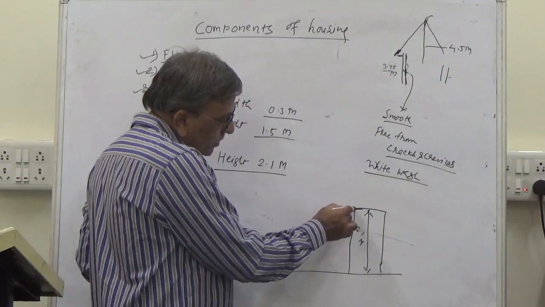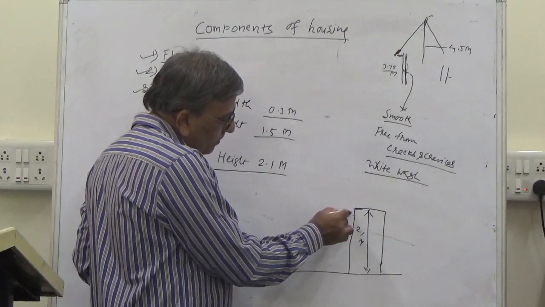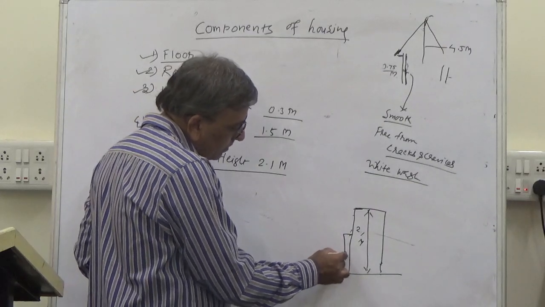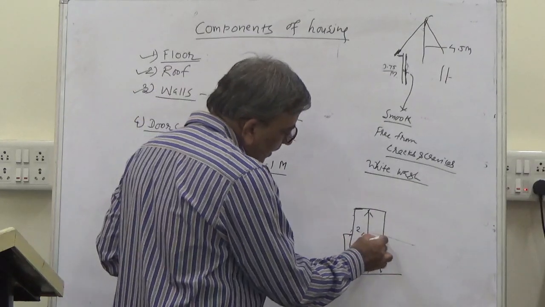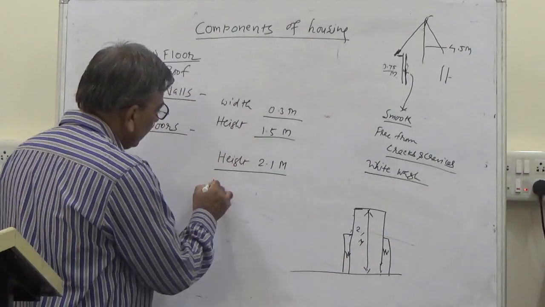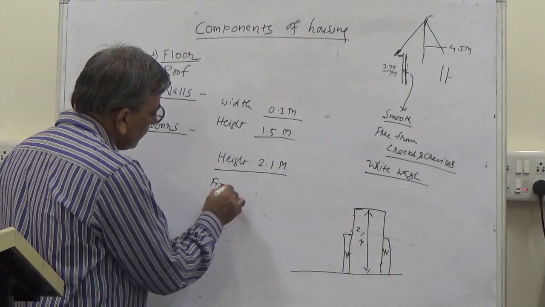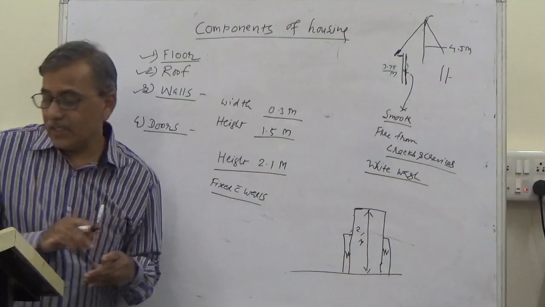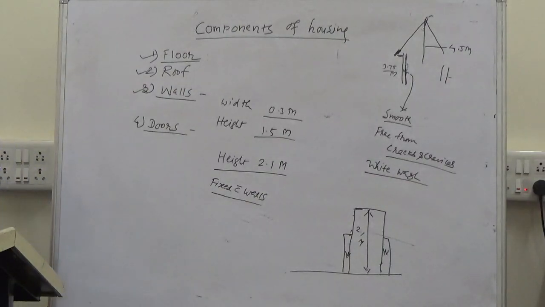Then this door should be fixed with walls. So this is a wall. From both the sides, it should be fixed with walls.